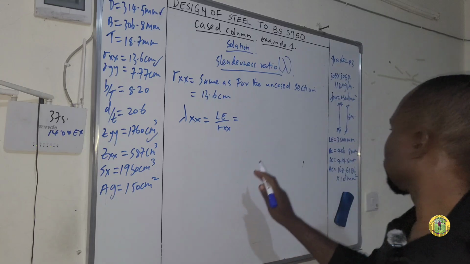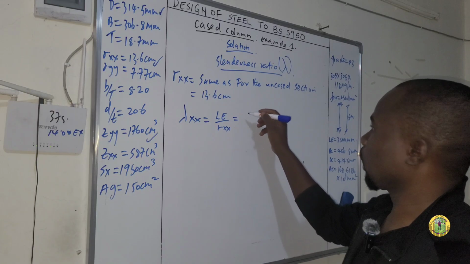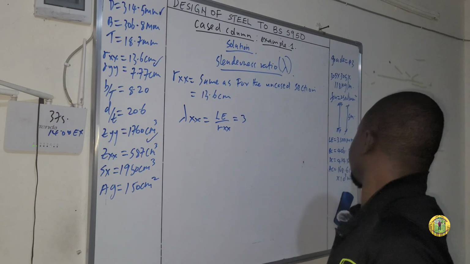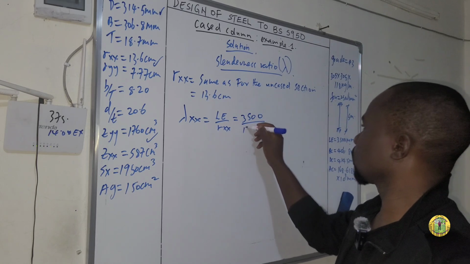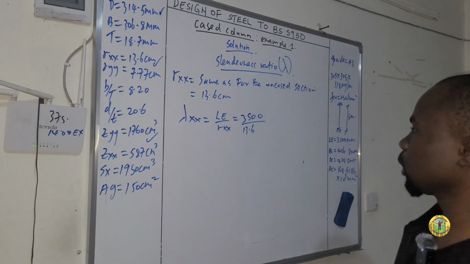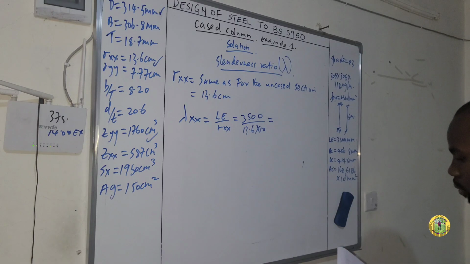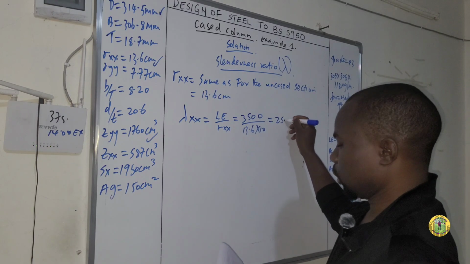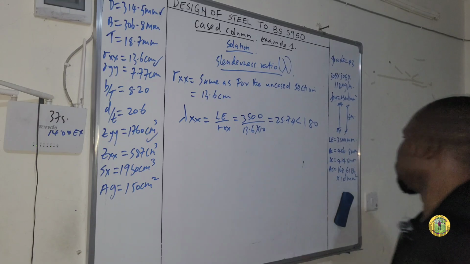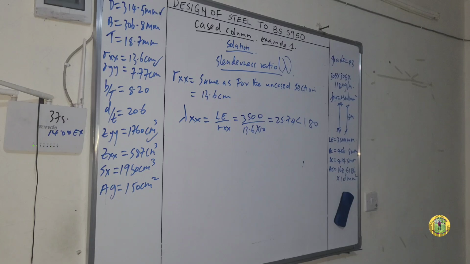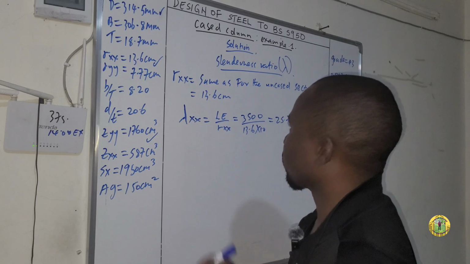LE is 3500, yes, it is here, all over Rxx, which is 13.6. You change it from centimeter to millimeter, so you multiply by 10. So this is equal to 25.74, which is less than 180 for a dead and imposed load. So the slenderness ratio about the XX axis is okay.